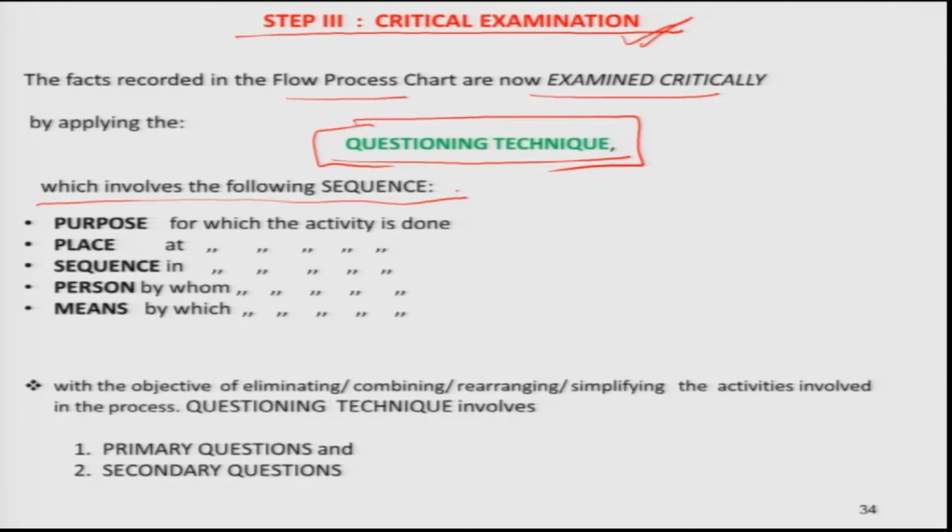Here you follow this sequence for examination: first the purpose for which the activity is done, then the place at which the activity is done, then the sequence, whether it is followed properly or not, then the person and means, because chart preparation sometimes varies from person to person.